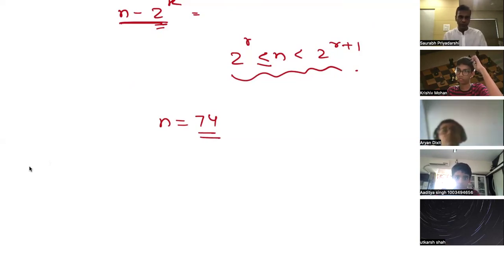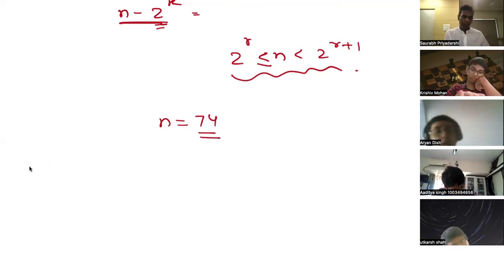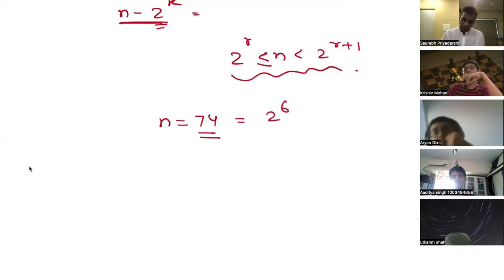Very good. 2 to the power 6 is 64. Then 10 is there, so 2 to the power 3 plus 2 to the power 1.